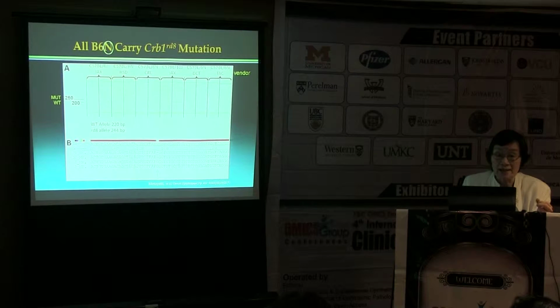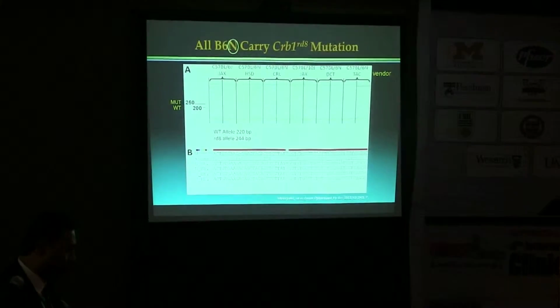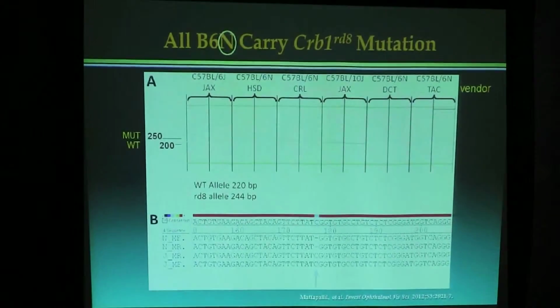But the B6 has N and J, okay? The N, all the N, they all carry the Crb1 rd8 mutation on one allele, as pointed out there.